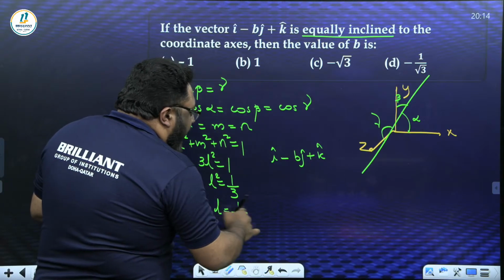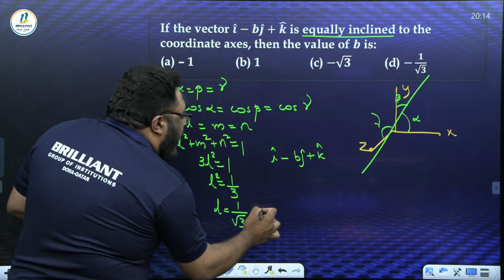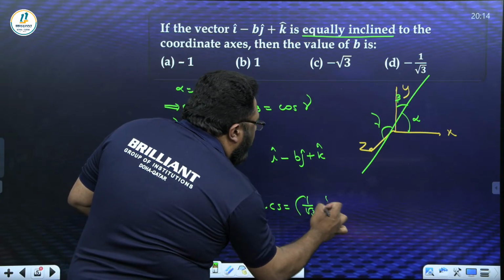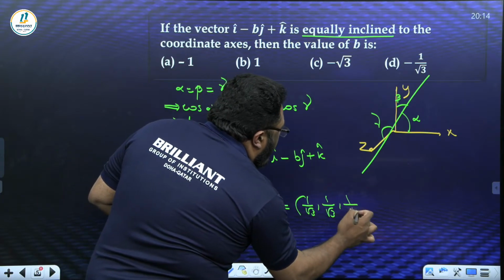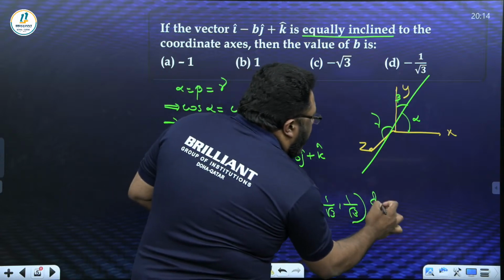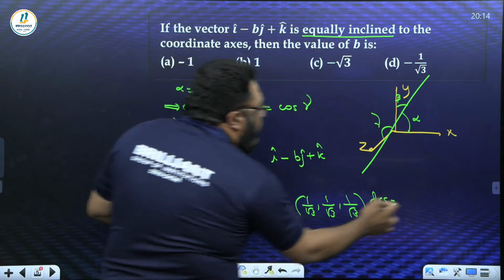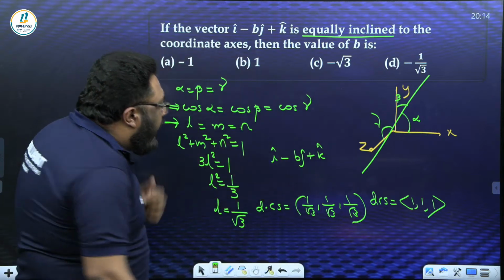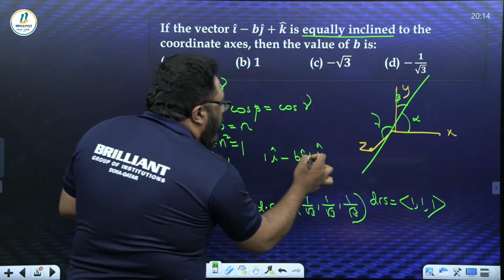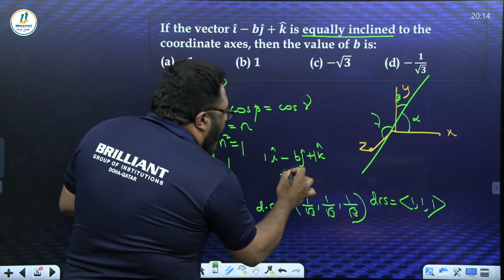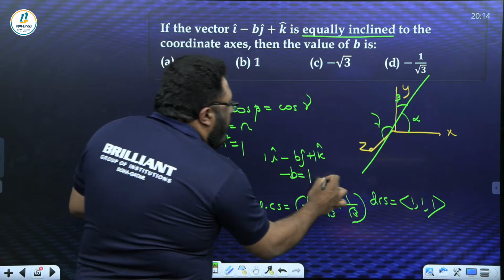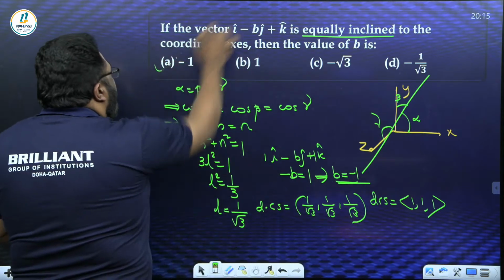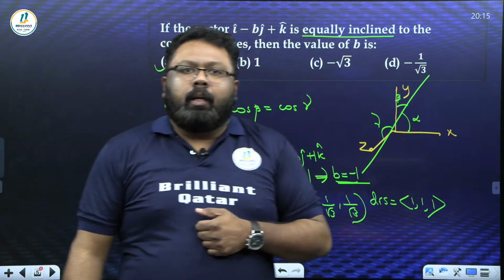So direction cosines are 1 by root 3, 1 by root 3, 1 by root 3. Then the direction ratios are 1, 1, 1. So please compare 1i, 1k. So minus b equals 1 implies b equals minus 1, option A.